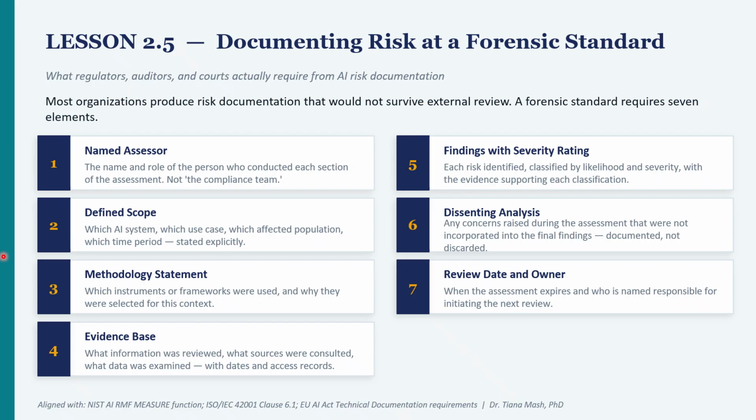Governance systems fail when responsibility becomes diffuse, reviews become optional, or risk assessments become static artifacts disconnected from operational reality. So a review date and named owner creates continuity and accountability, and of course life cycle control and transparency.